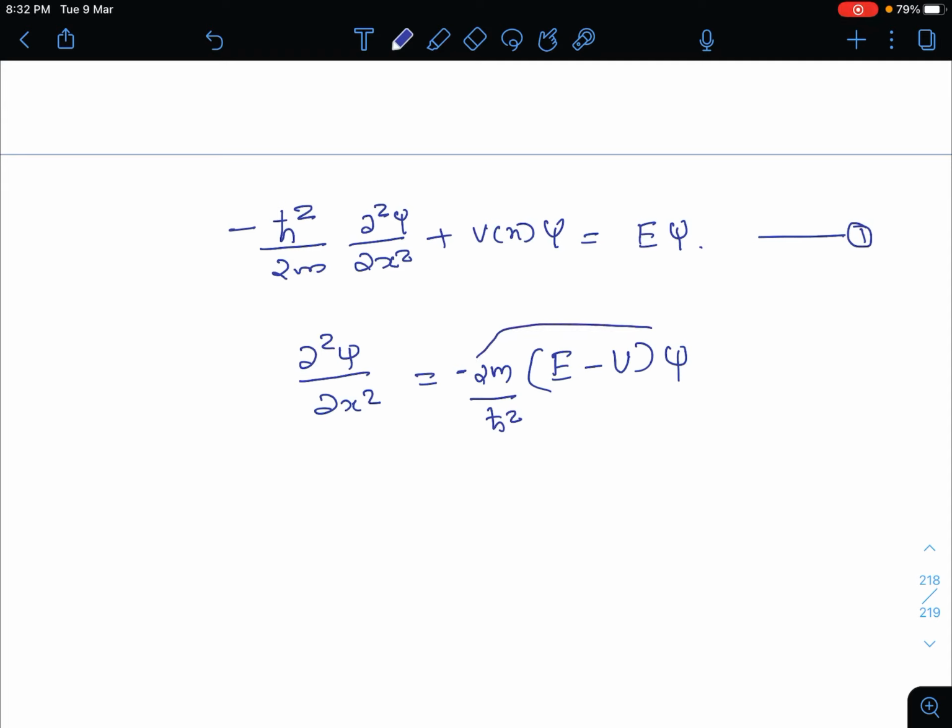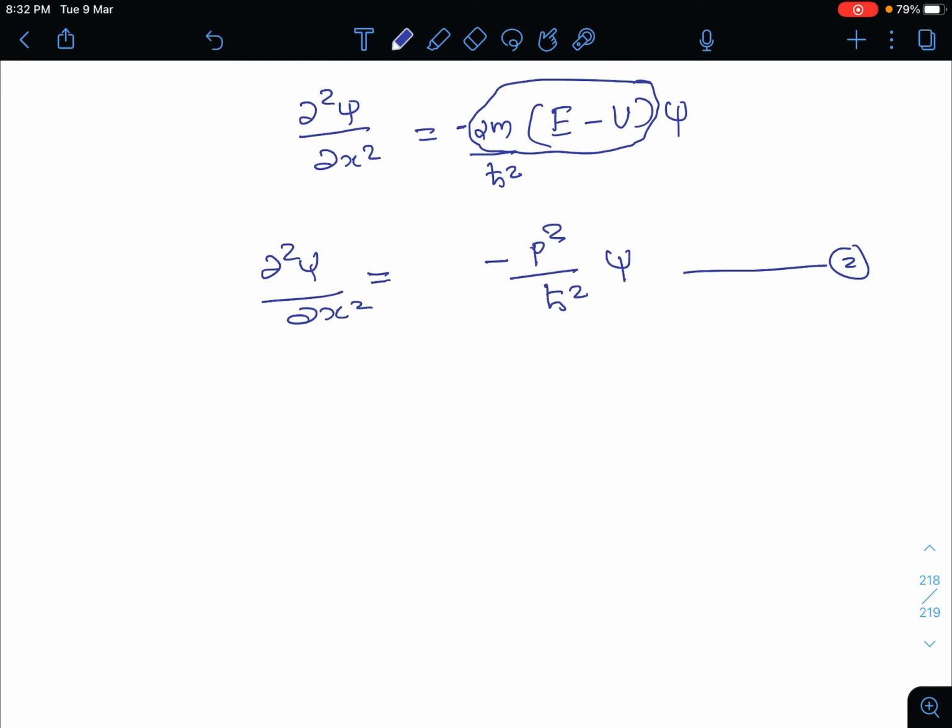This 2m into (E minus V) we usually call p square. So I can write dou square psi by dou x square equals minus p square by h cross square psi. This is another form of the Schrodinger equation, let's say equation number 2.